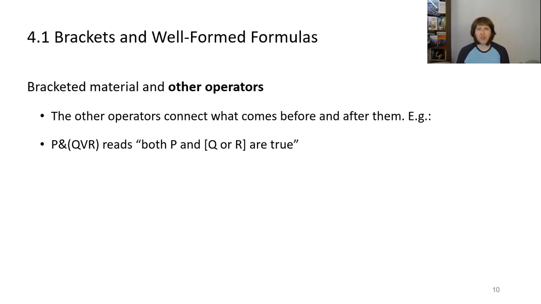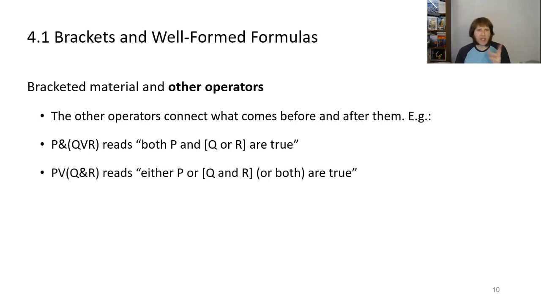Well, P is only true when P is true. That seems sort of obvious and stupid when I say it. The other conjunct, Q or R, is true when at least one of Q or R is true. It's also true when they're both true. So in this case, the conjunction P and (Q or R) is true when P is true and at least one of Q or R is true. Then this whole complex statement is true.